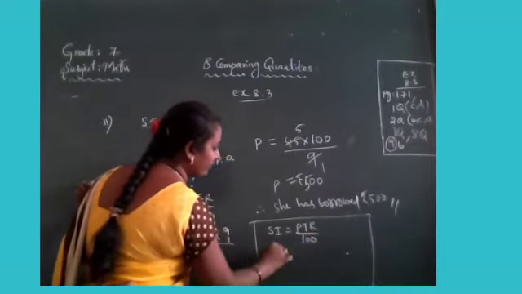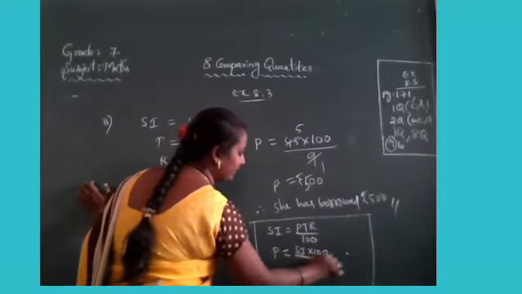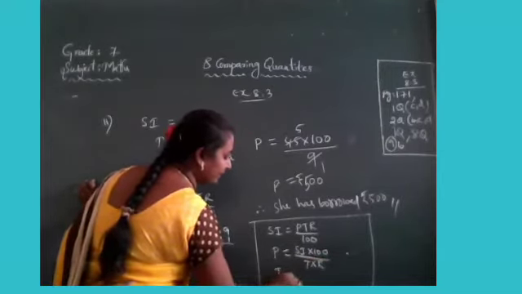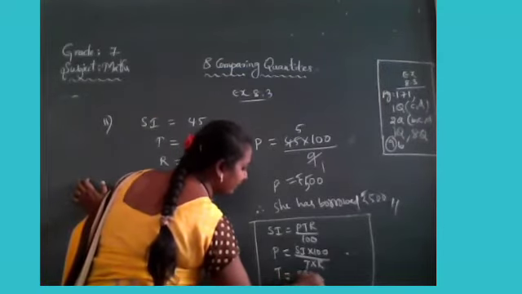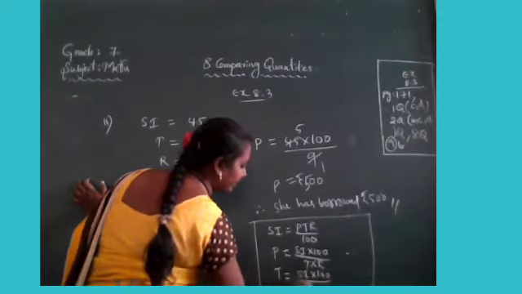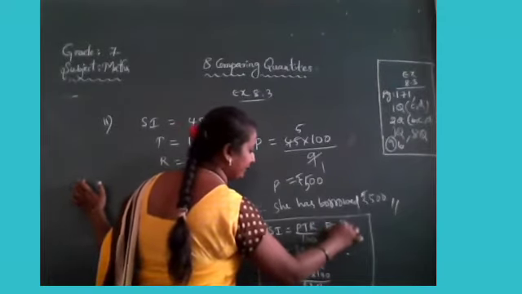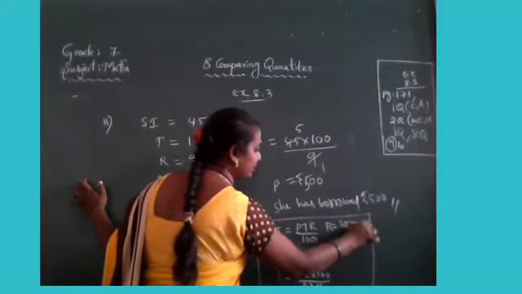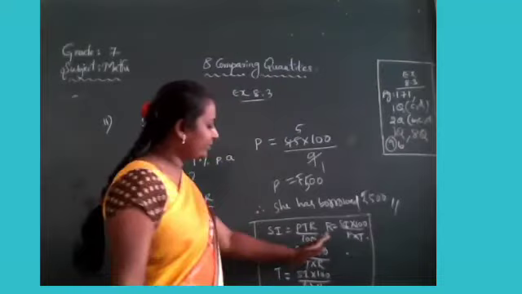If you want to find the principal, then simple interest into 100 by T into R. If T is not given, at that time you have to write simple interest into 100 by P into R. If the rate you have to find, at that time simple interest into 100 by P into T. So we have to find it like this.